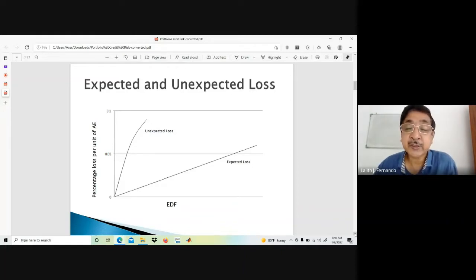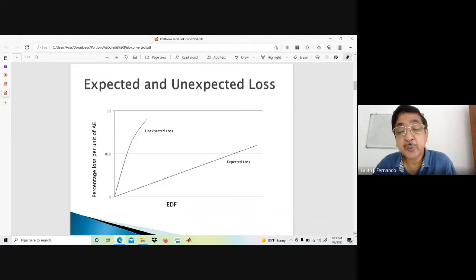Now, just look at the expected loss curve. It's a clear straight line. So that really shows us that EDF and percentage loss per unit of AE have a linear relationship.